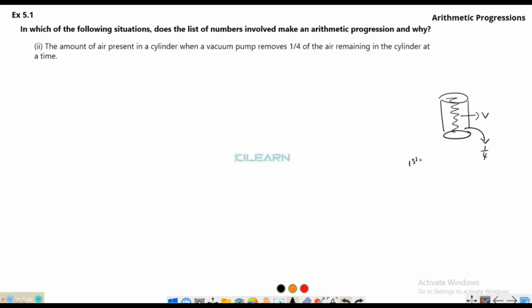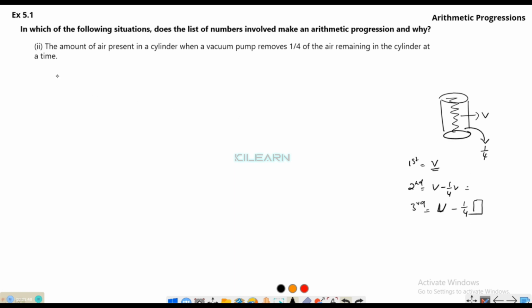The first time the volume remains the same. The second time, the volume gets reduced by 1/4 of the volume, which is pumped out. The third time, the volume again gets reduced by 1/4 of the new value. So we need to find what volume remains each time.